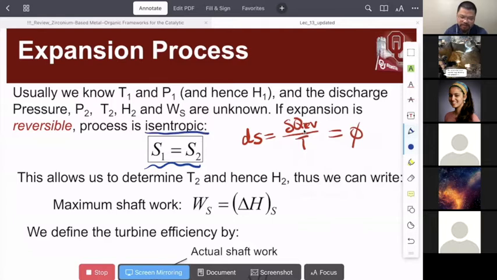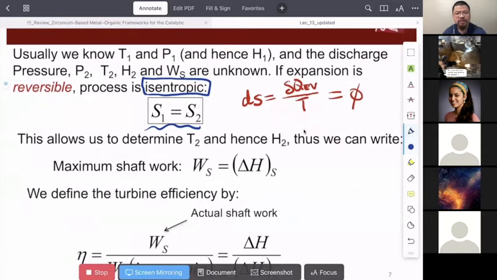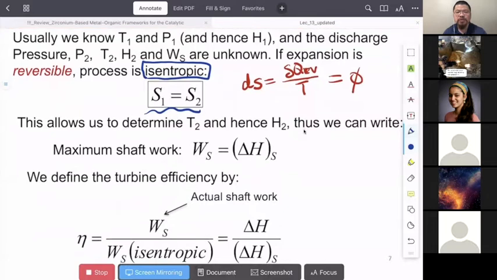So we have a new name on top of isothermal, isobaric. Now we have the other name called isentropic, which means the entropy does not change. So what is the use of that equation, the isentropic equation? Well, this will allow us to determine what would be the efficiency of the turbine.